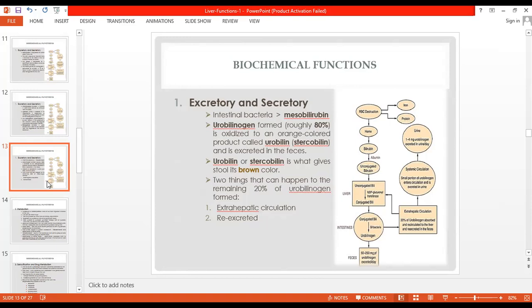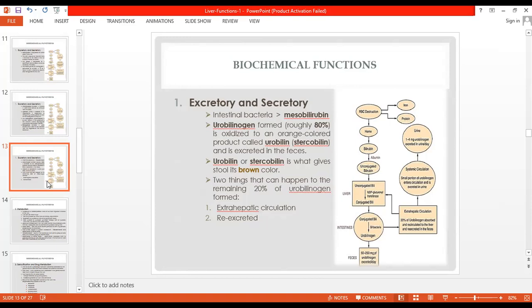It takes a normally functioning liver to process the bilirubin and eliminate it from the body. This, as stated earlier, requires that the bilirubin be conjugated. Almost all of the bilirubin formed is eliminated in the feces, and a small amount of the colorless product urobilinogen is excreted in the urine.